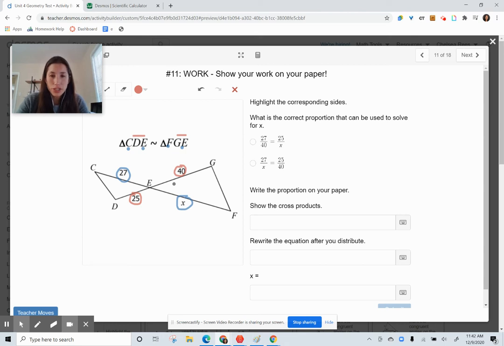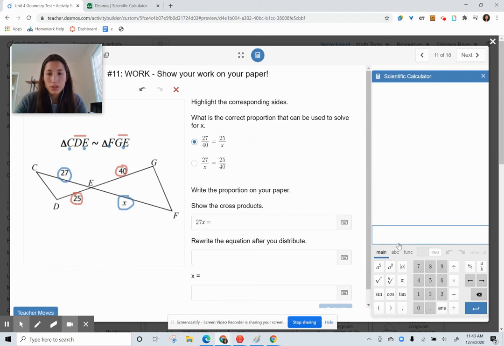So when we create a ratio, it looks like we're starting with the 27. So I'd put 27 over x, blue over blue, equals 25 over 40. So now for cross products, you would do 27 times x, that's 27x. And then we would multiply out the 40 and the 25.